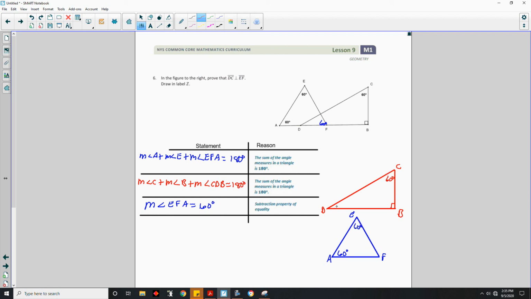So if this plus this plus this equals 180, then the measure of angle CDB equals 180 minus 90, which is 90, minus 60, which is 30. So the measure of angle CDB equals 30 degrees. Reason? Subtraction property of equality.